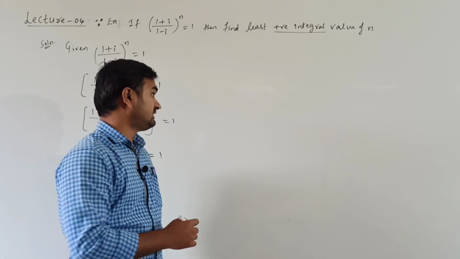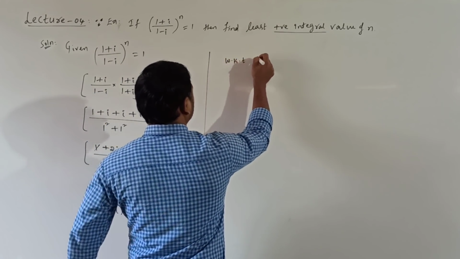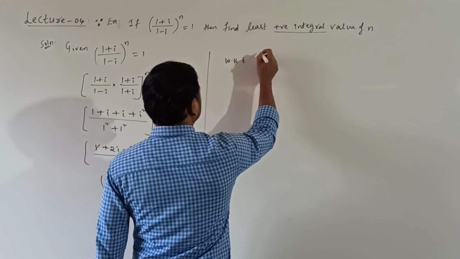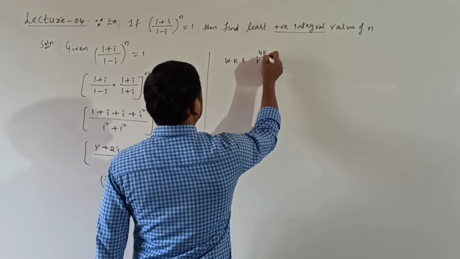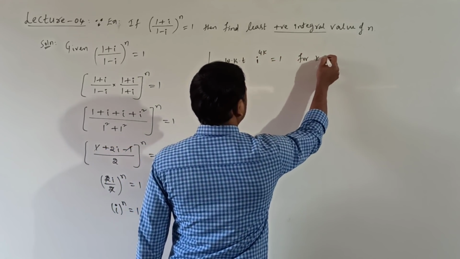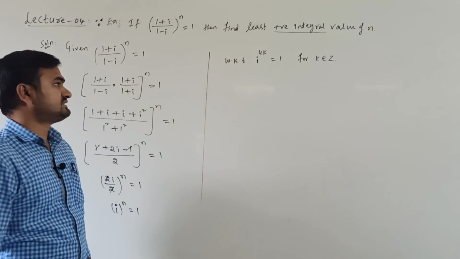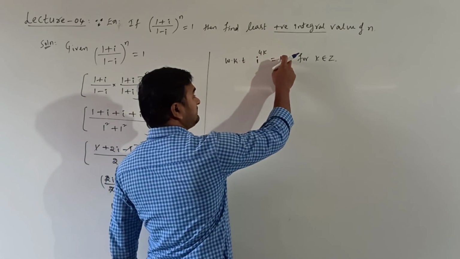So here we know that i power 4k is always equal to 1 for k belongs to Z. When k is any integer, i power a multiple of 4 is always 1.